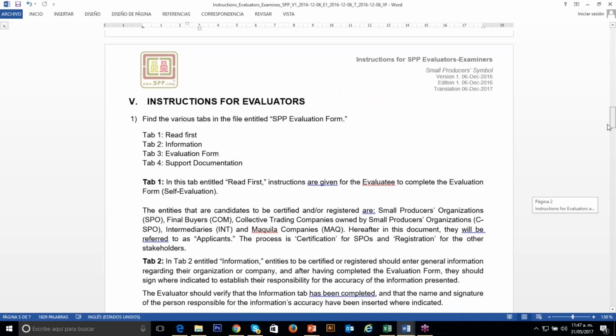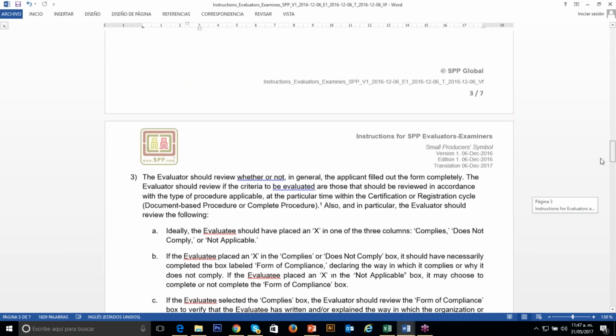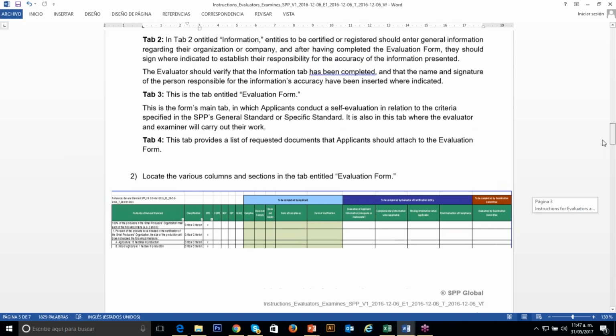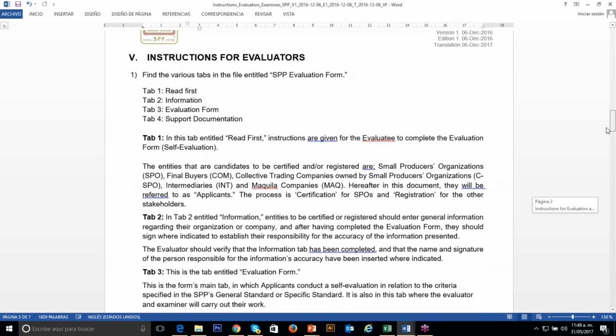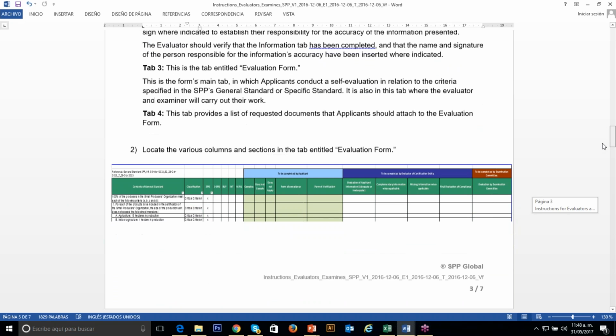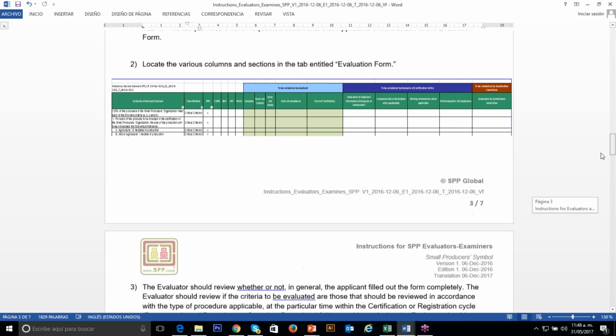But the most important chapter is number 5. Number 1, find the various tabs in the file entitled SPP evaluation form. Number 2, locate the various columns and sections in the table entitled evaluation form.